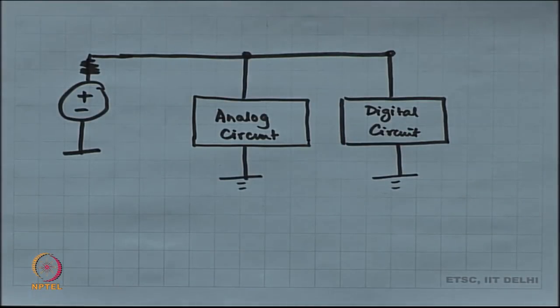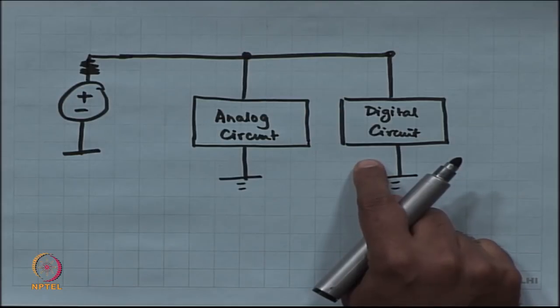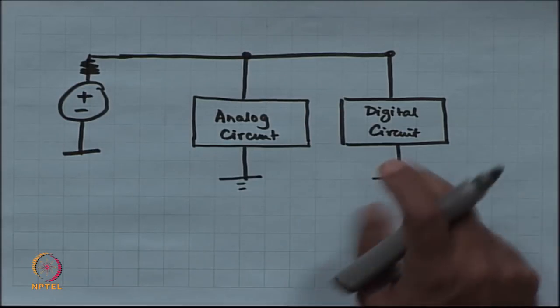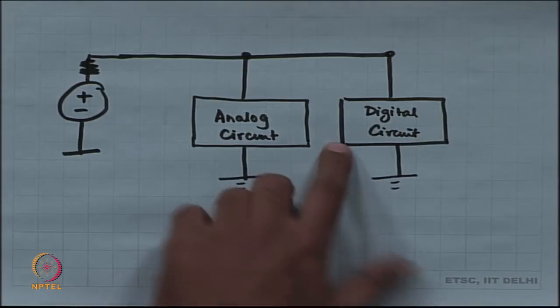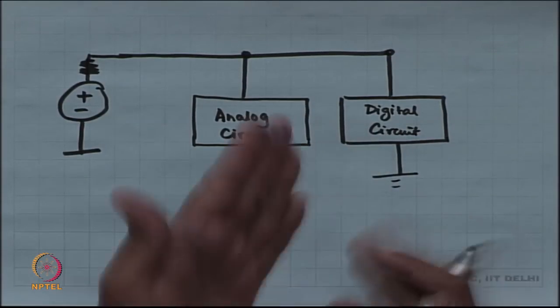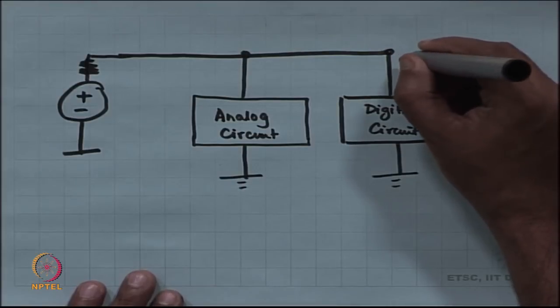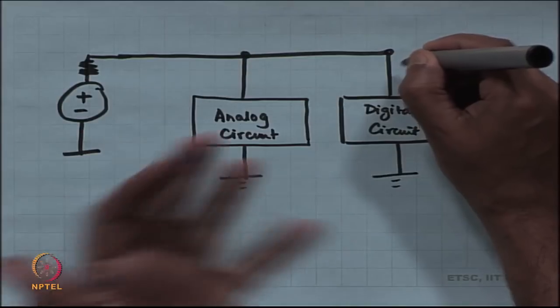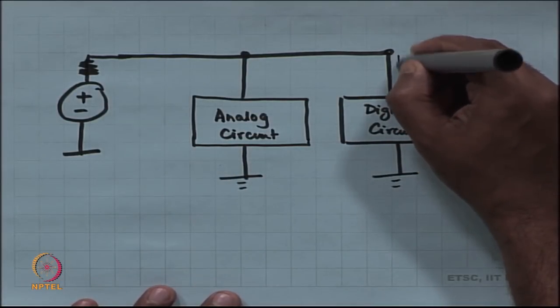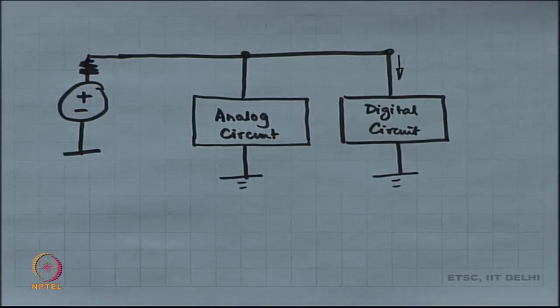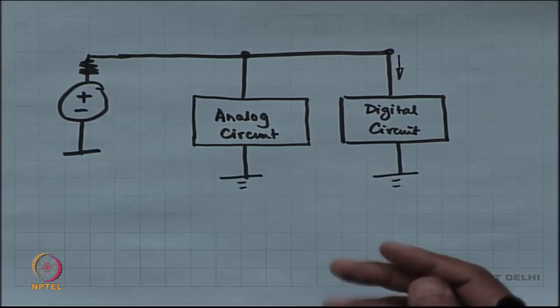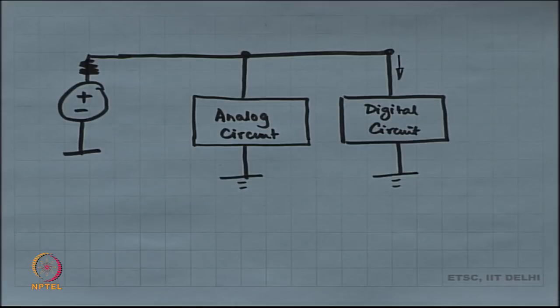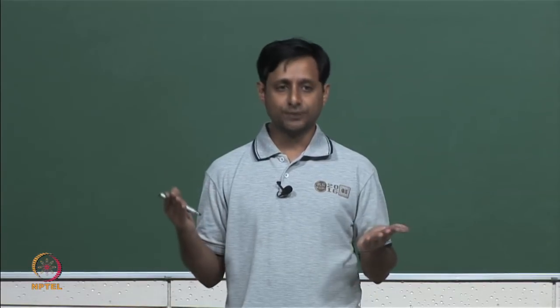All right. Now, when you are clocking your digital circuit up and down, let us say there are flip flops, AND gates, NOR gates, NAND gates, some signaling is happening. When there is a change in the output of these gates or some activity in the flip flop, then current is going to be drawn at that instant. So, at the edges of the clock typically, for example, if it is a D flip flop, then the output is going to become equal to D at the edge of the clock.